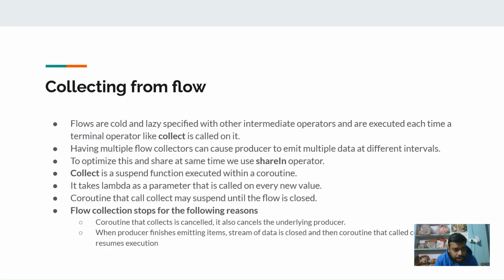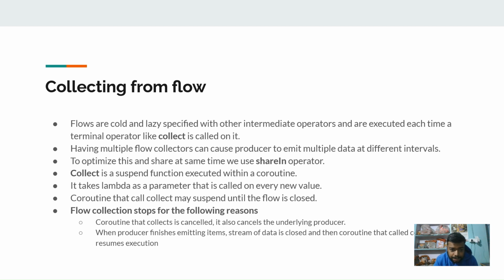Next, we will look at how we can collect from the flow. So flows are cold and lazy and are executed every time a terminal operator like collect is called on it. Multiple flow collectors can cause the producer to emit multiple data at different intervals. To avoid this, we can use the shareIn operator to share data at the same time to multiple consumers.